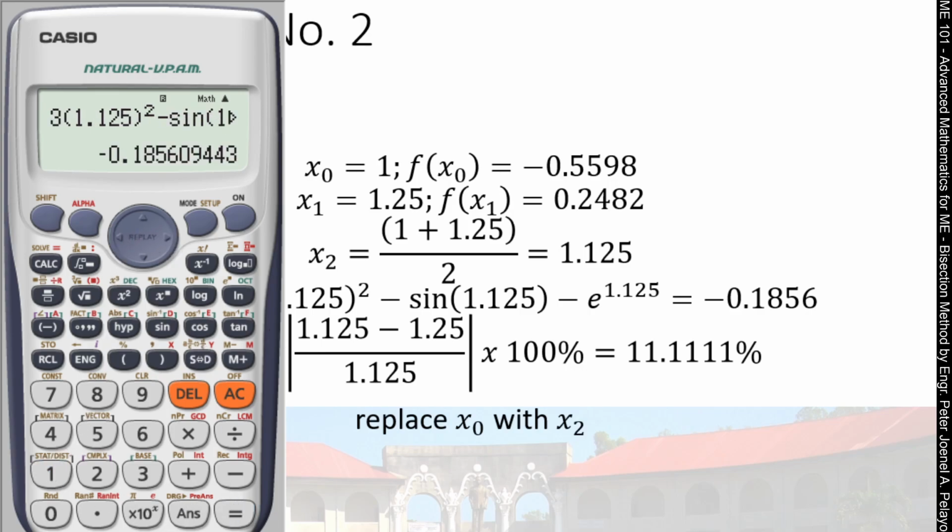Okay. So, negative 0.1856. Negative siya. And then, kukunin natin yung percentage error: 1.125 minus 1.25 over 1.125. So, that is 11.1111%. So, replace x0 with x2.